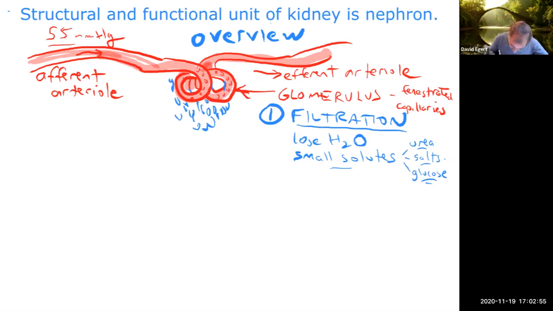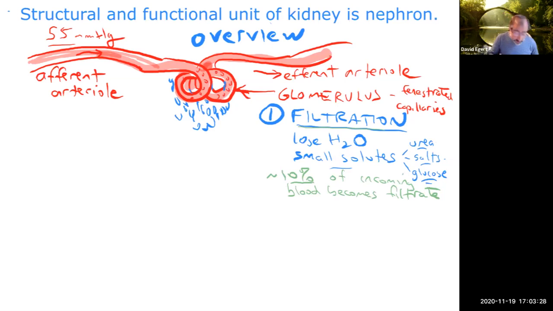The other thing about filtration is that about 10% of incoming blood becomes the filtrate. So let's do some math here.